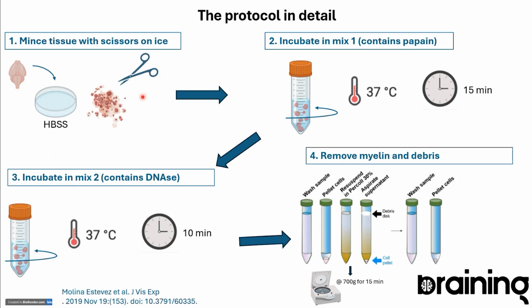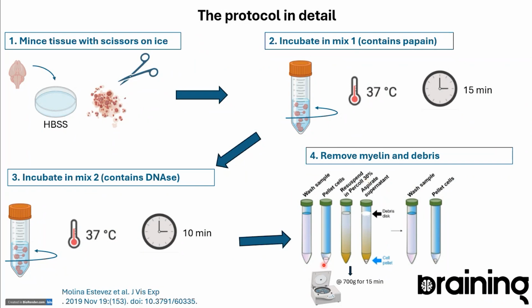Very quickly, the method starts by mincing the tissue, then digesting first with papain, 15 minutes at 37 degrees. Then you switch the buffer and incubate the tissue in a buffer which contains DNase, so that you remove anything that would make it sticky.